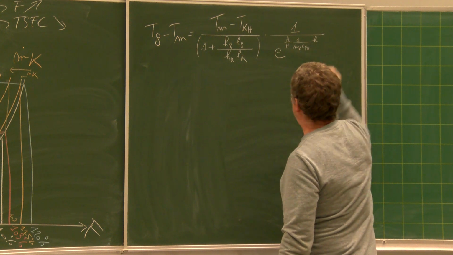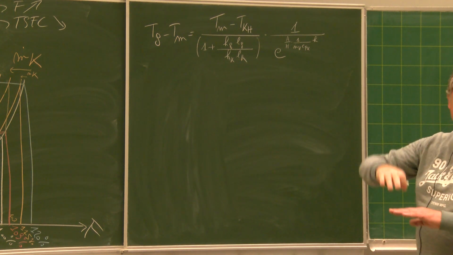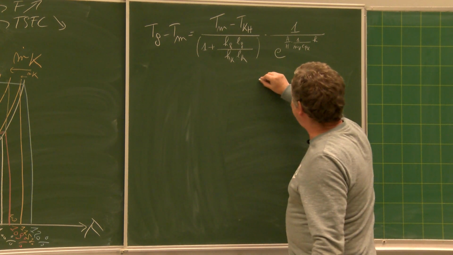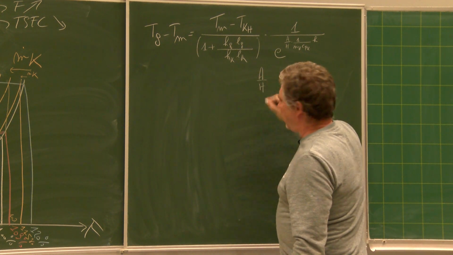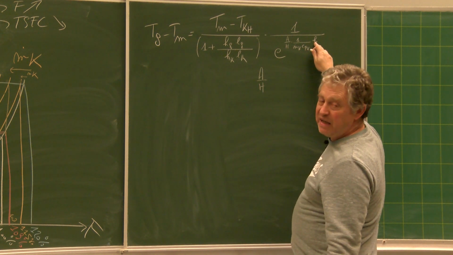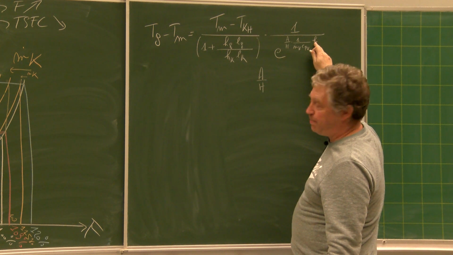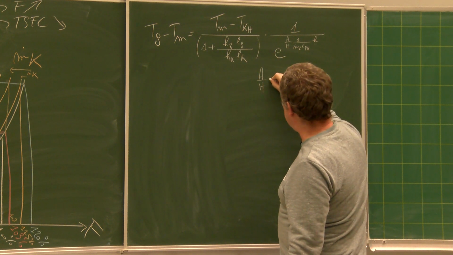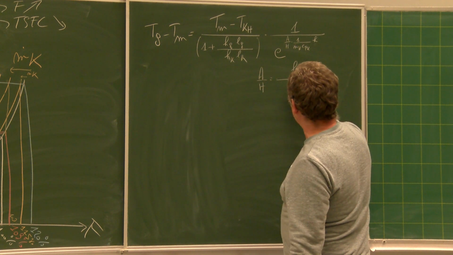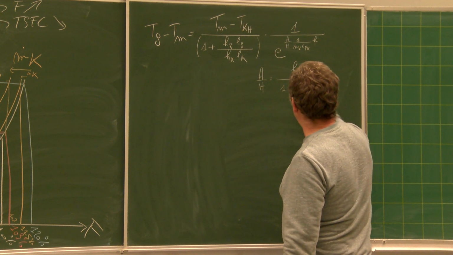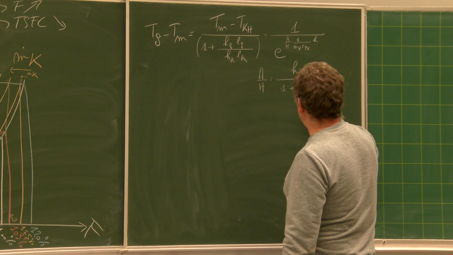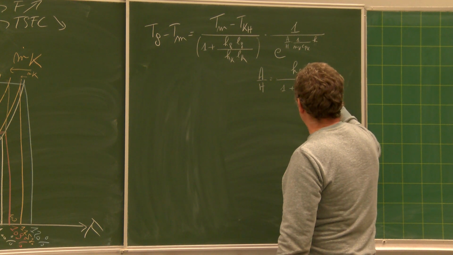And here you have as an exponent h, which is the distance from the root of the blade. And A divided by H, H is the total height of the blade. So this is the integration from the root to the tip of the variable h, equal to H_g L_g divided by 1 plus H_g L_g divided by H_k L_k.